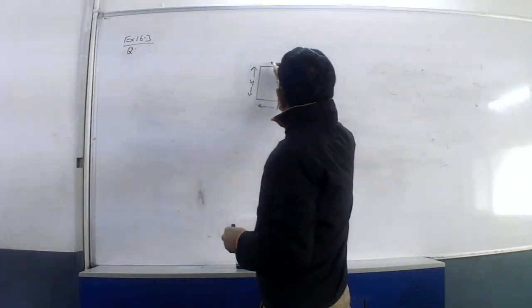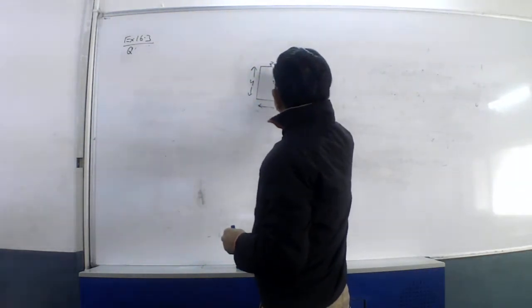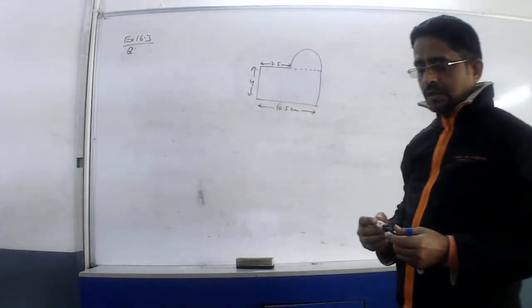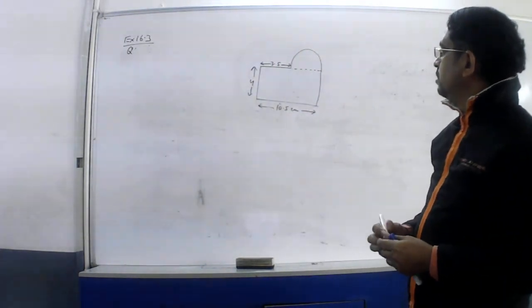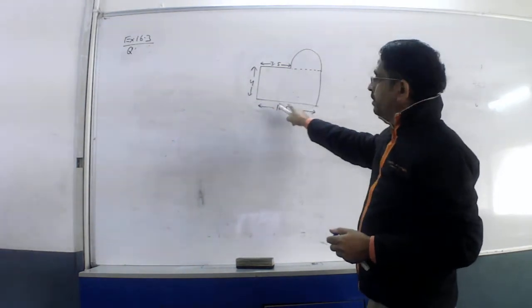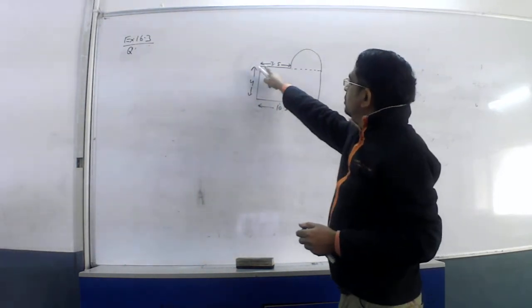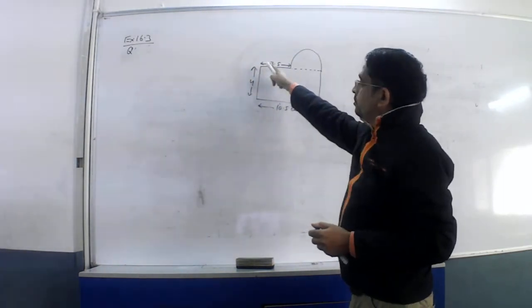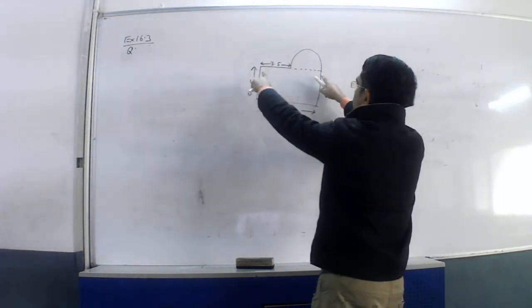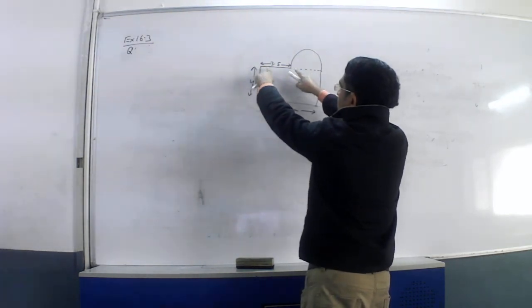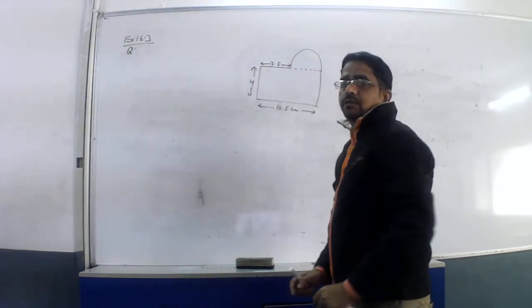This is given 3.5. Now look here, if this length is 10.5, so this is also the length of the rectangle, right? So this will also be 10.5. So this whole is 10.5 and out of that this is 3.5. So you can find the remaining length.